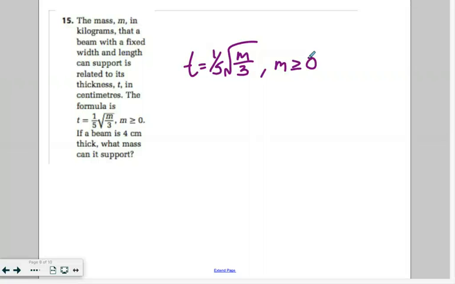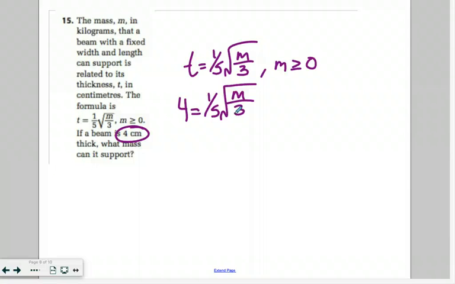Okay? So we are given a value of the thickness, so we're given a value of t here as 4 centimeters. I can plug that in for t here: 4 is equal to 1/5 times the square root of m, where m is the mass, which is what I've been asked to find. So again, what we're going to try and do here is isolate the radical, and we can do that by dividing both sides by 1/5.